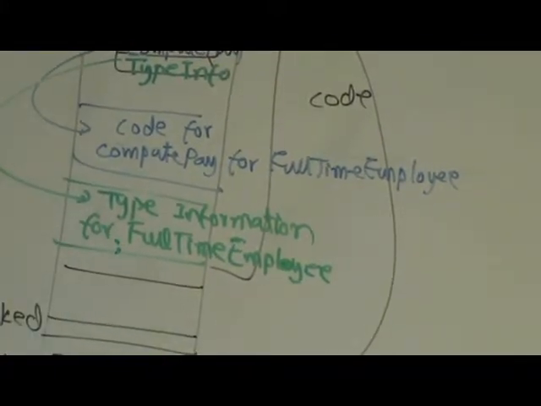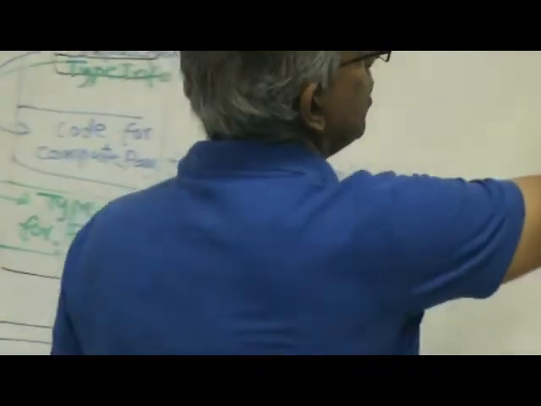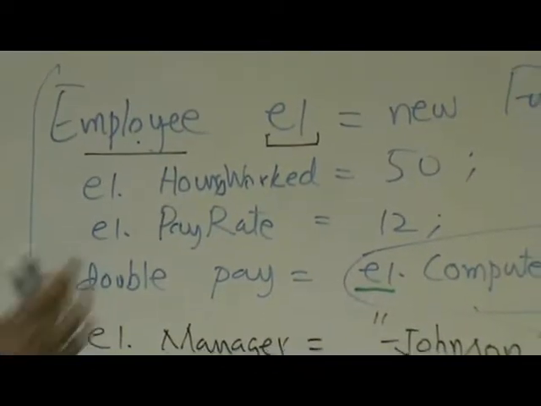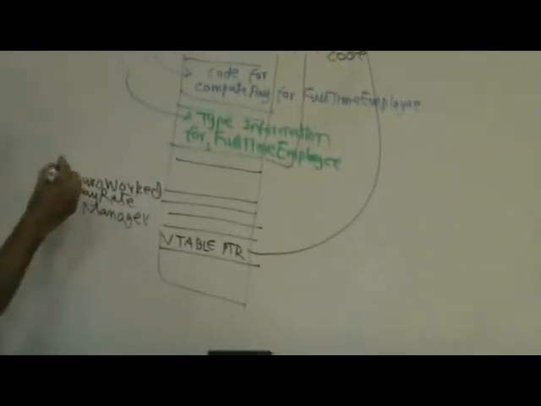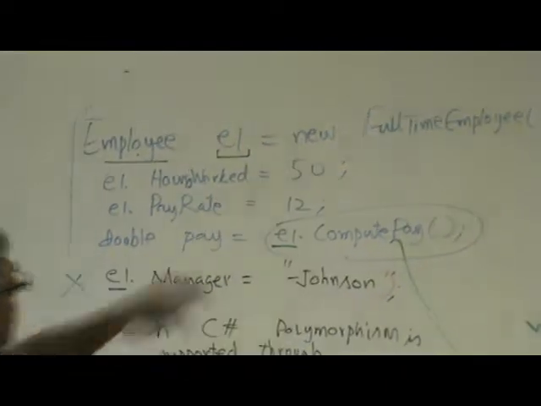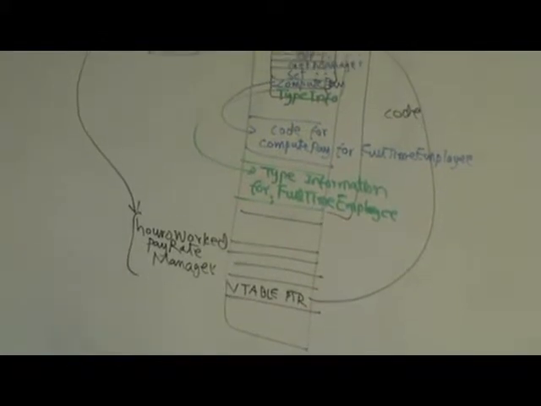So now let's try to answer your question. Let's go to Employee E1 equal to new FullTimeEmployee. First, Employee E1 will create this reference E1. New FullTimeEmployee will create memory for the full-time employee. And because we said Employee E1 equal to, this will end up pointing to over here. Now let's go to the next line.